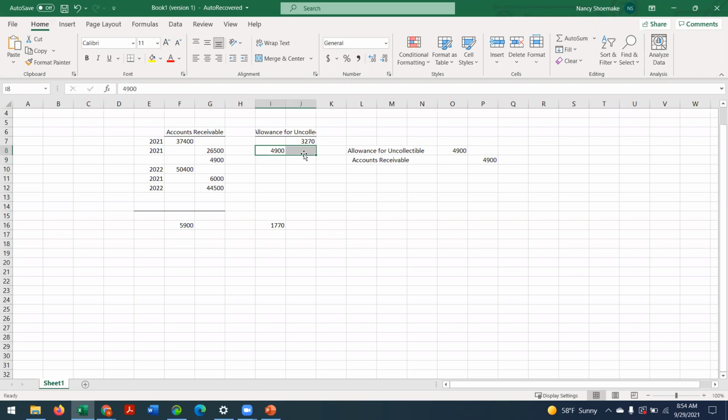Plus I need to see where my balance is here in my uncollectibles. You see, this should normally be a credit balance, but here we've got the allowance minus this uncollectible. We've got 1,630 sitting as a balance here in this allowance for uncollectibles.